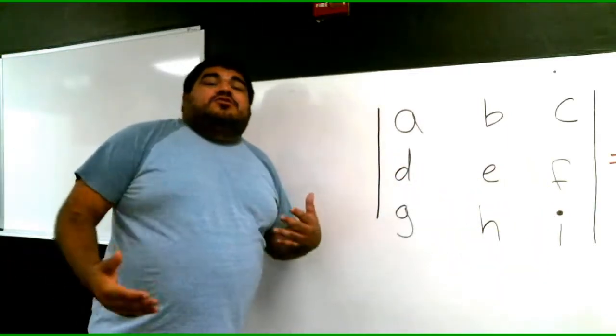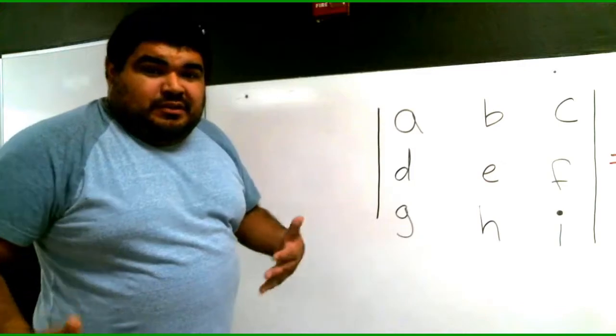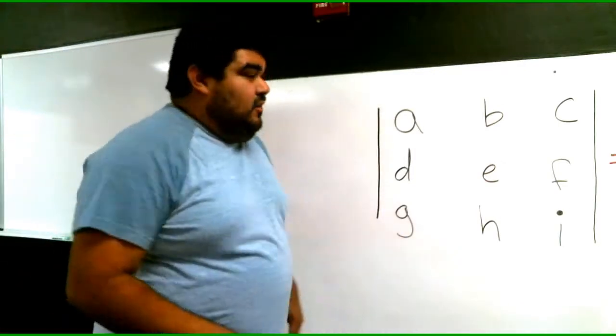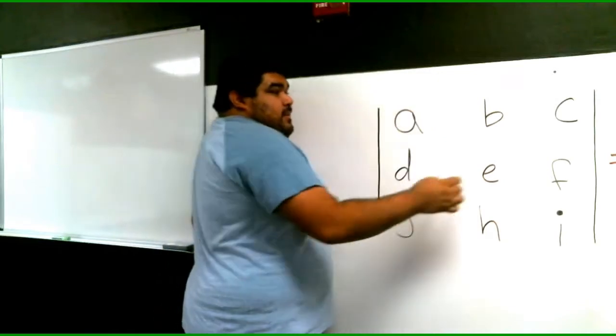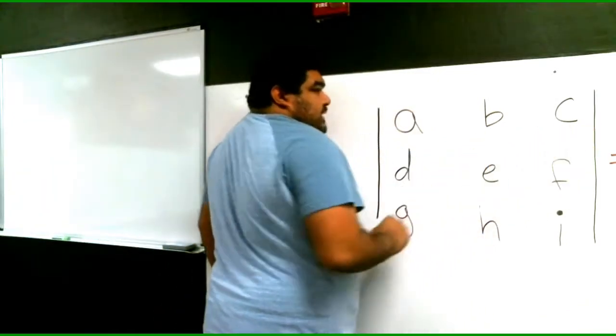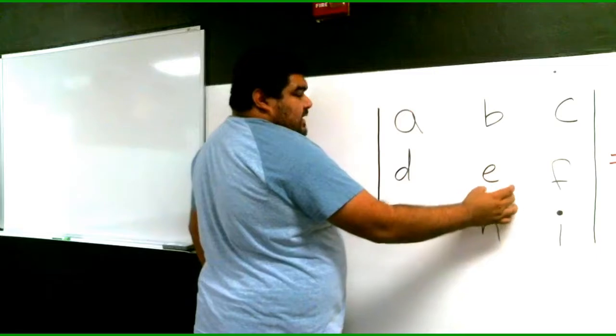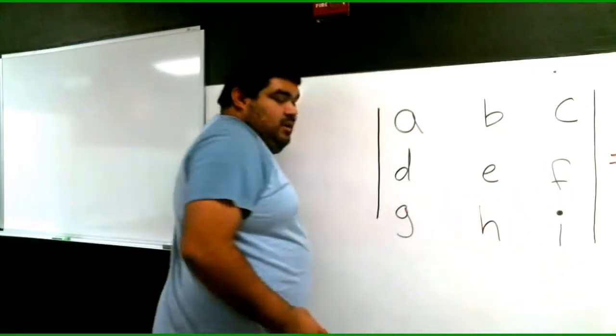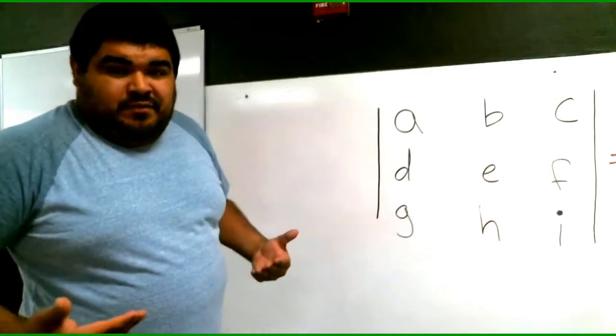Notice that it's still labeled the same as the 2 by 2. The only difference is that we have to add more variables in here. So we have A, B, C, D, E, F, G, H, and I. Okay? We have a few more variables now.